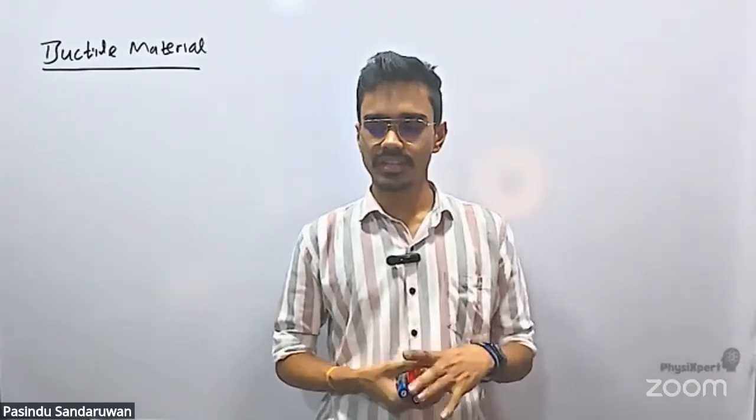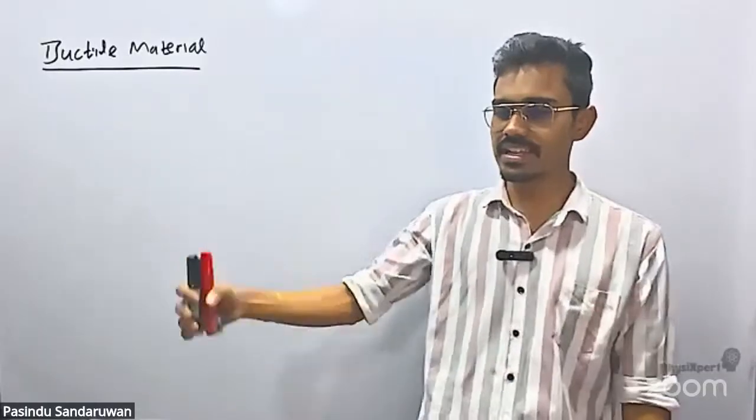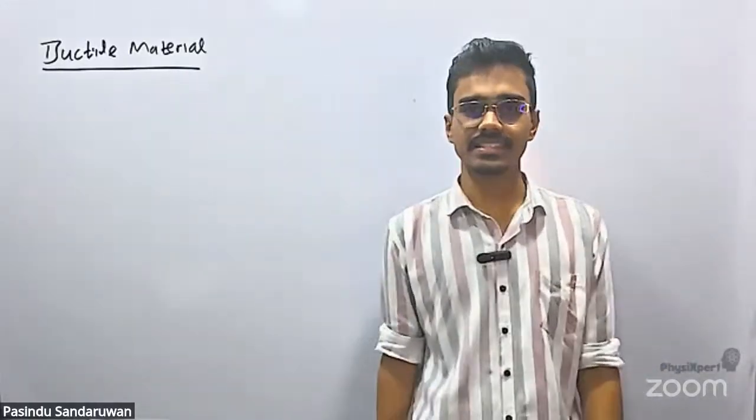Can be broken into wires. Yes, I think in O levels some kind of idea is given. That's not the definition, but to some extent it is correct. Even though O levels say something regarding wires, that is not the definition.